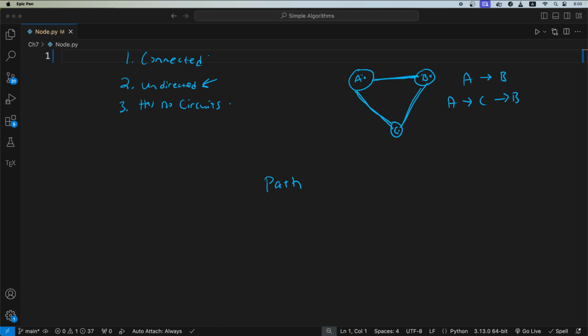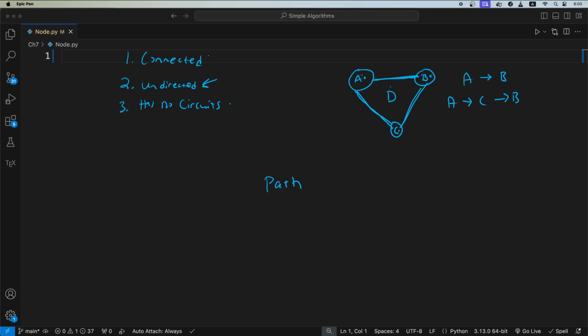When I say that a graph is connected, what that means is that there's a path between all of the different nodes that exist inside of our graph. So when we take a look at this graph here, this graph is connected because I can start at any node in my graph, and I can create a path to any other node in my graph.